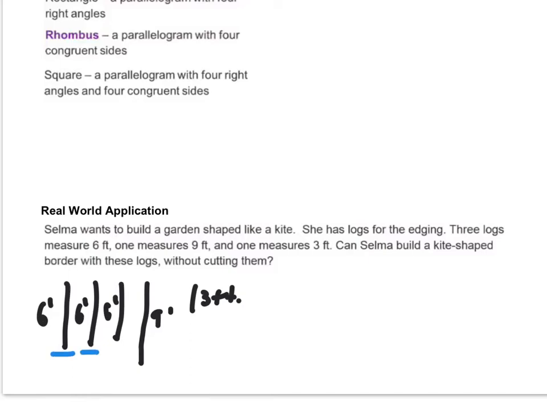So I'm going to draw this like so and say that this is a 6-foot log. I'm going to put those 2 right here at 6 feet, and then I have this 9-foot log. That's like this, and that's 9 feet.